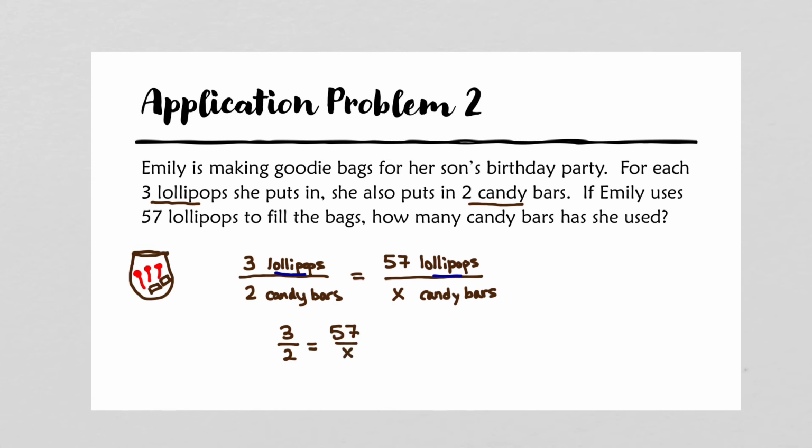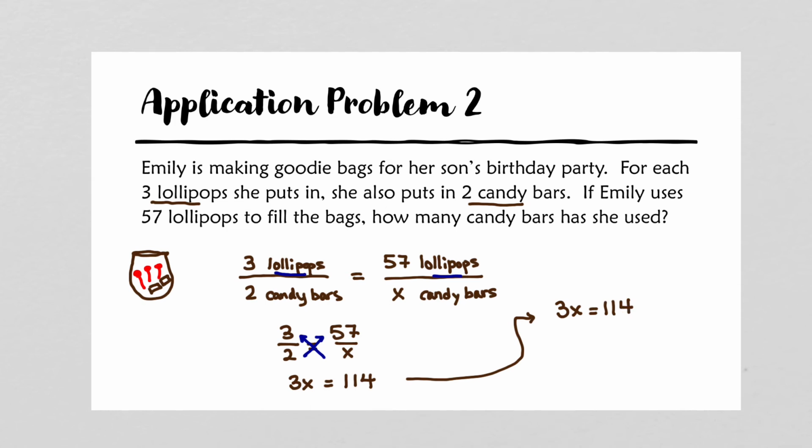To solve this algebraic equation, we're going to cross multiply and divide. So we have 3 times X equals 57 times 2. And 57 times 2 is actually, pulling out a calculator, 114. I'm running out of space, so let me go over here to finish. 3x equals 114, and what do we need to do to solve for x?